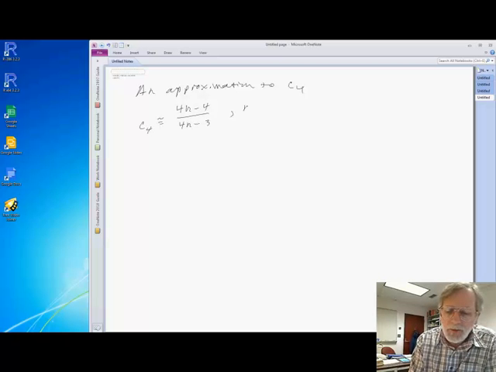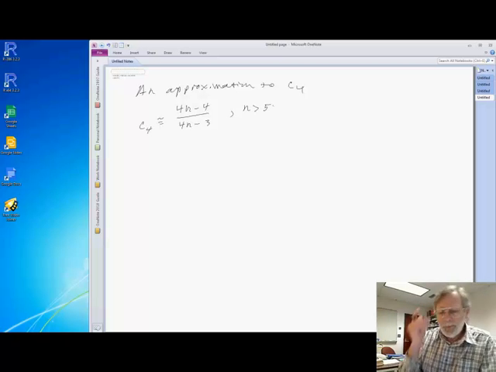And this is good for n bigger than 5. I thought we were working with k, you're thinking. How come we're back to n? Well, this is an approximation to C4 using the nomenclature of Table E. And in Table E, subgroup size is n.